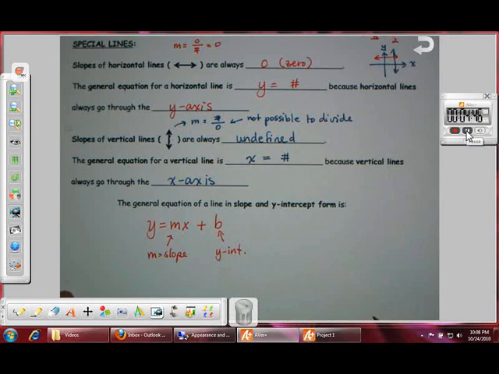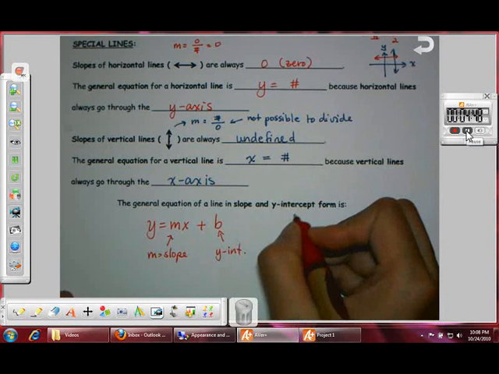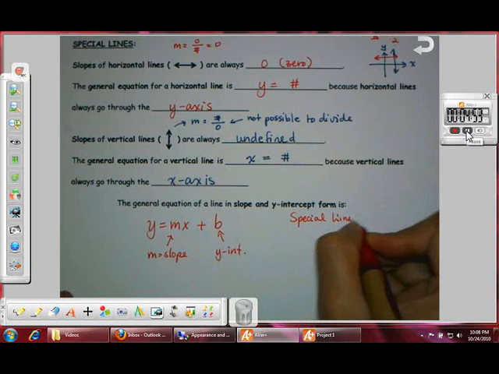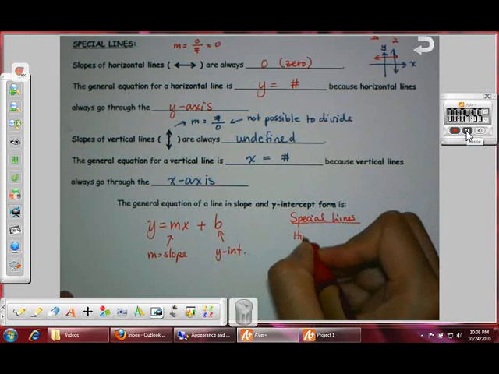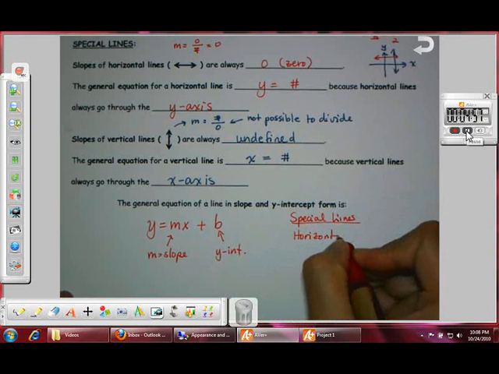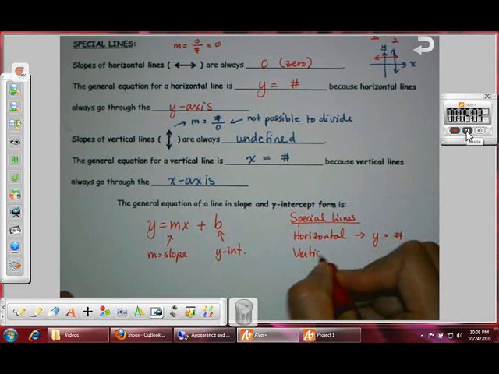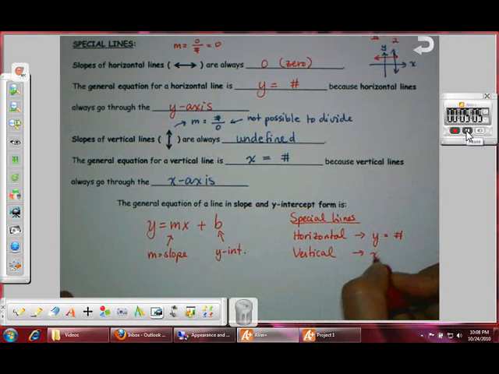But the special lines, just make sure you remember those, and that will help make life easier. Horizontal is of the form y equals a number. Vertical has the equation x equals whatever the number, because it crosses the x-axis.